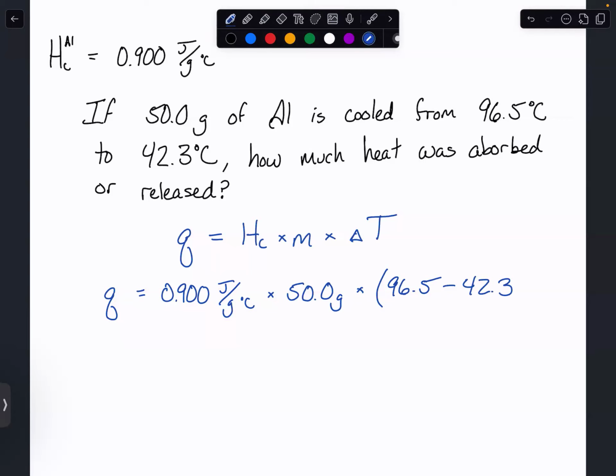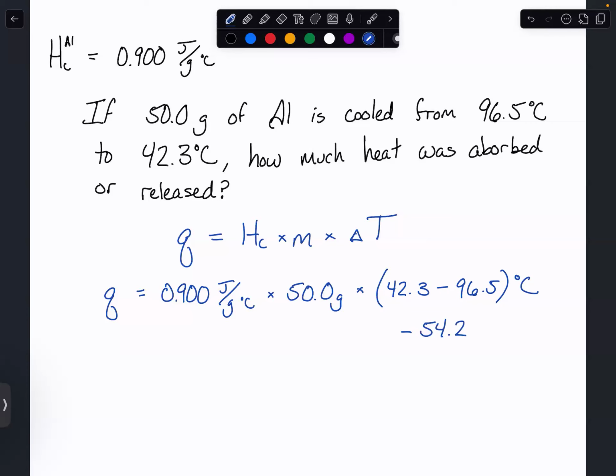No, right? Okay. Remember, final minus initial. Everybody really wants to take the big number and subtract the little number. Make sure to read your problem carefully. We're ending at a temperature of 42.3 degrees and starting at a temperature of 96.5. All right, so we're going to get a delta T that is negative, and I'm going to punch that into my calculator first so that I keep track of my sig figs.